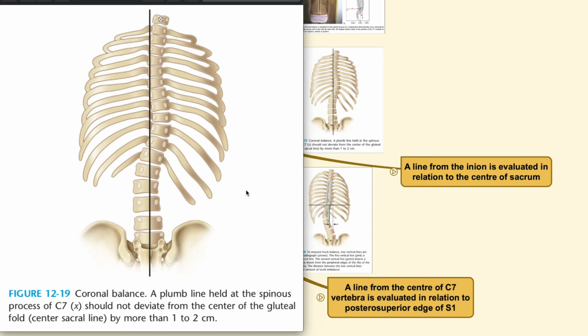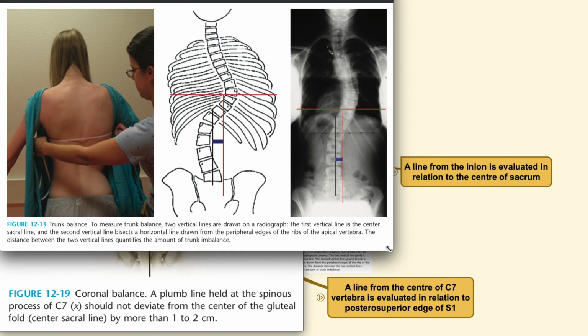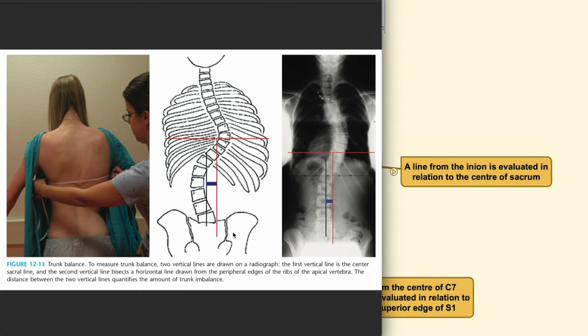The next would be the trunk balance. You could see here that a measurement is being taken for trunk balance. So two vertical lines are drawn on the radiograph. First would be the line that is the center of the sacral line, which is here, or the black line here. The next line is the vertical line that bisects the horizontal line drawn from the peripheral edges of the rib cage.